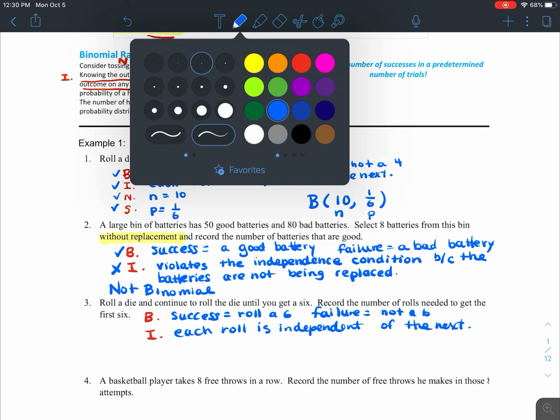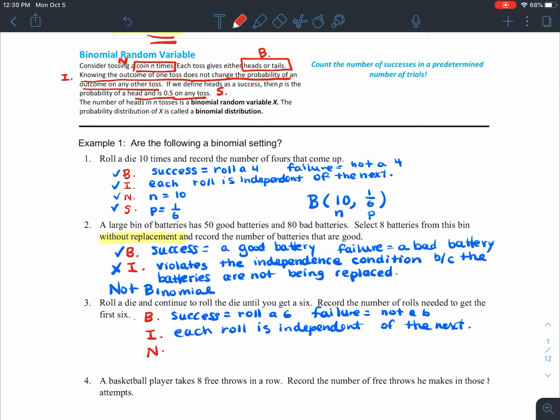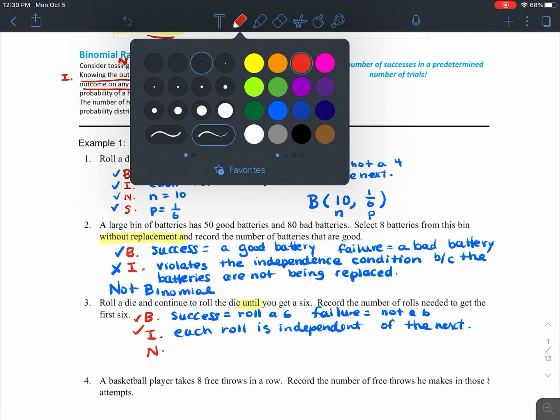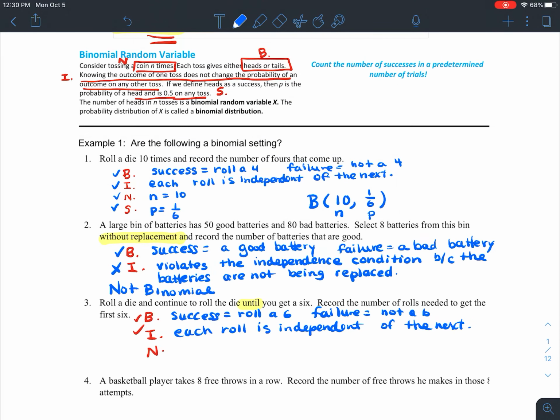Now I'm going to move down to N. I need a fixed number of trials, and this is where we get into trouble. It said we're supposed to do this until we get a 6. It didn't specifically say at the very beginning how many rolls we're supposed to do, and one of our conditions for being a binomial random variable is that the number of trials has to be stated in advance.